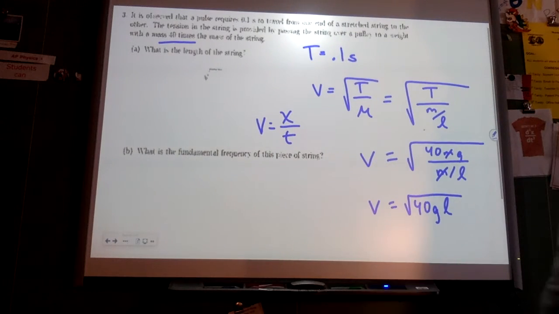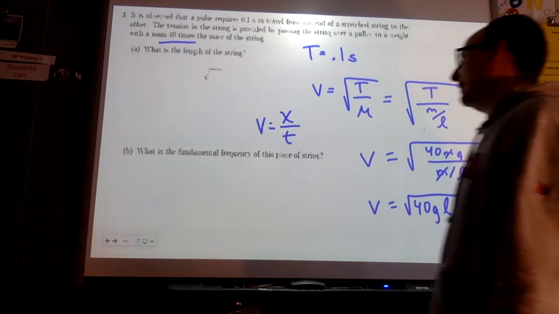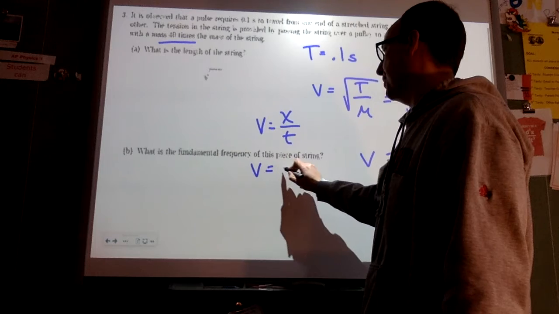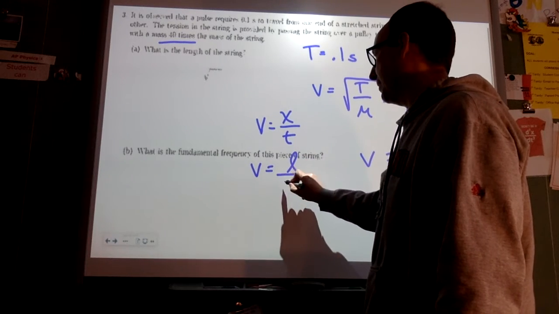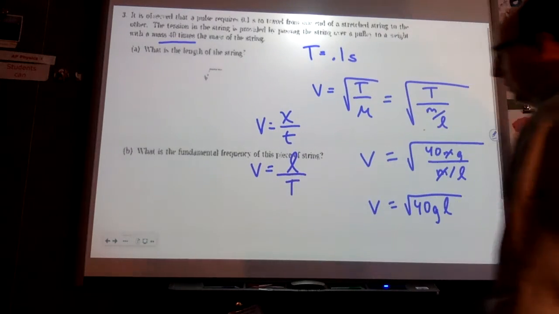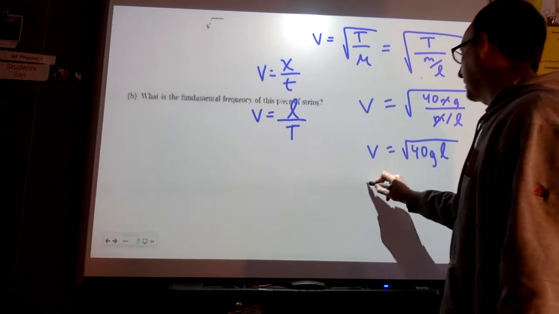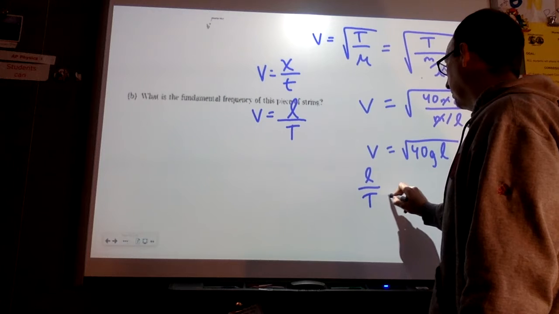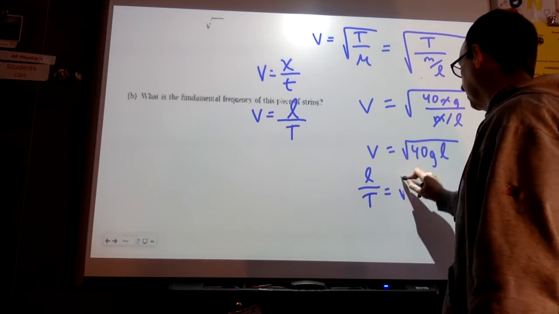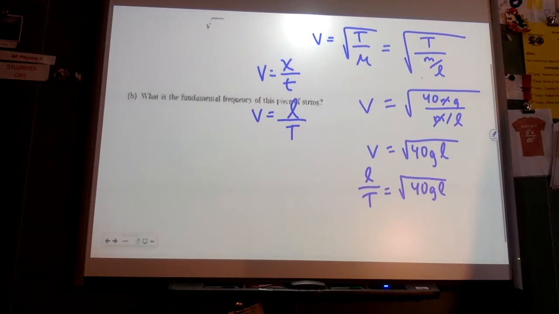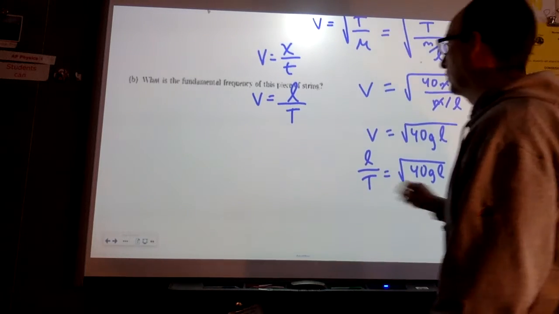Velocity is also distance over time if it's a constant velocity. In this case, this would be a length over the period. So I can say that length over period is equal to the square root of 40 g L. All right, we're getting somewhere. Let's square both sides.